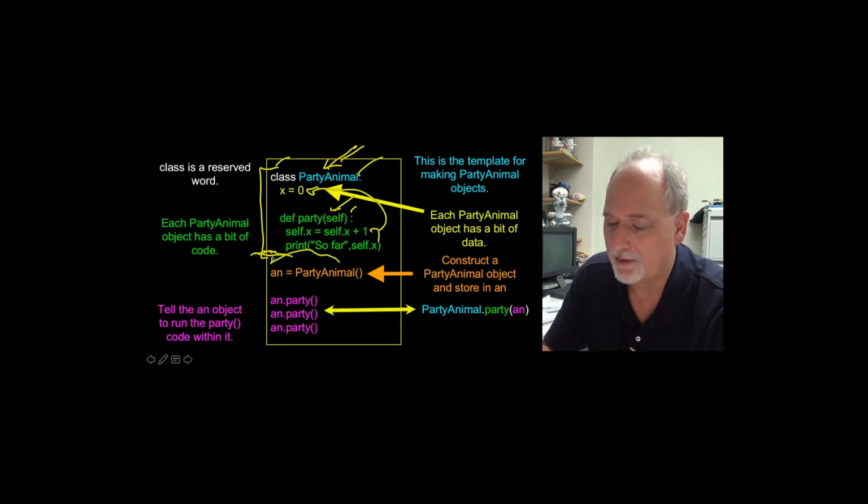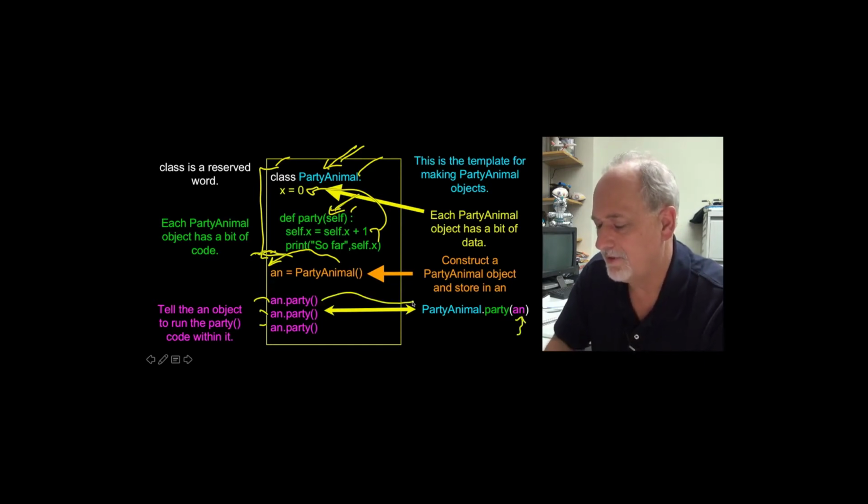And then once we make that, we stick it in the variable an. And then we're going to call this party method 3 times, 1, 2, 3. Now this self thing, and we'll take a look at the self. The self ends up being an alias of an. And so you can look at this syntax. It's just kind of an equivalent of this syntax. It's calling the party method within the PartyAnimal class and passing the instance in as the first parameter.